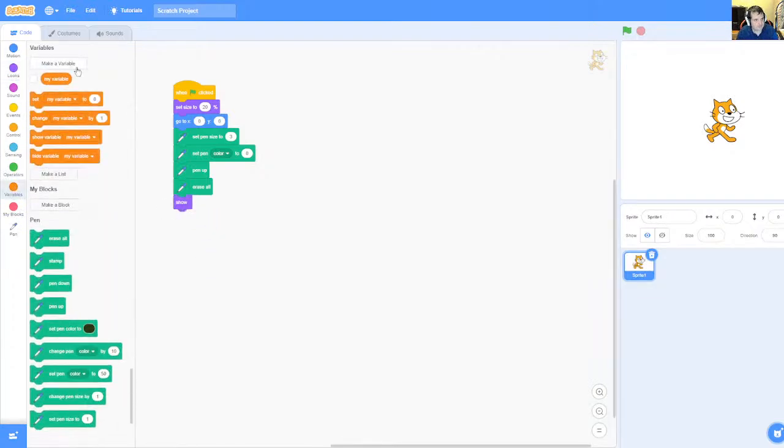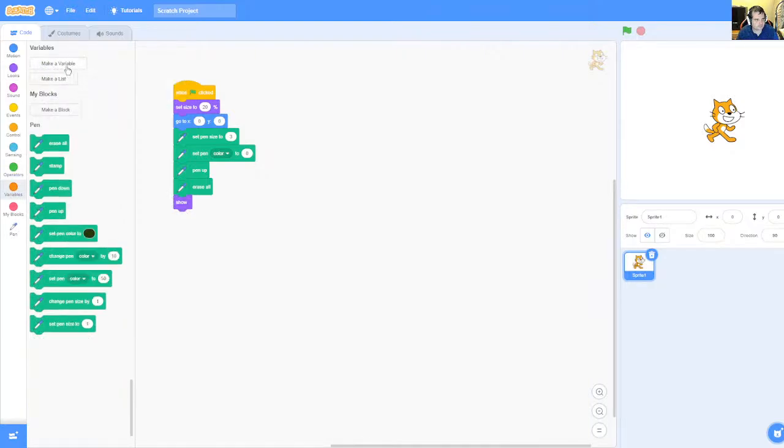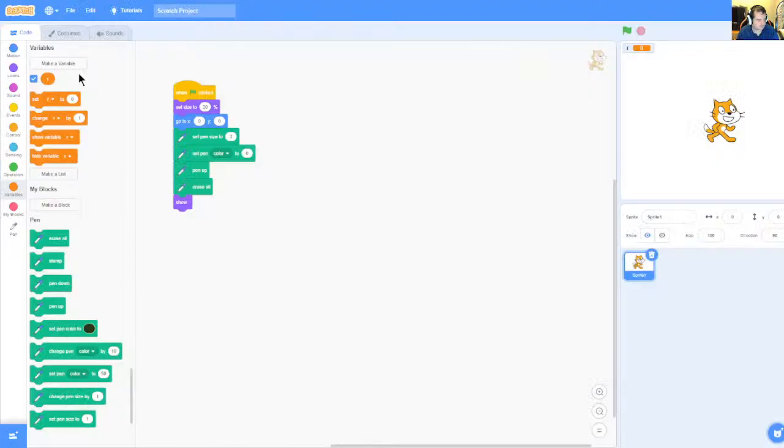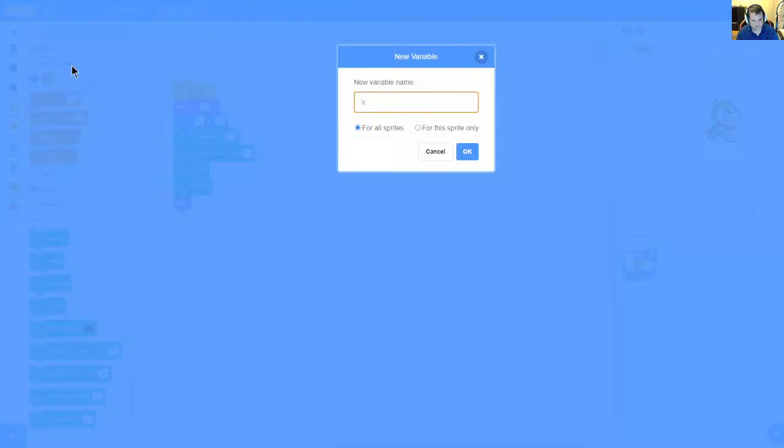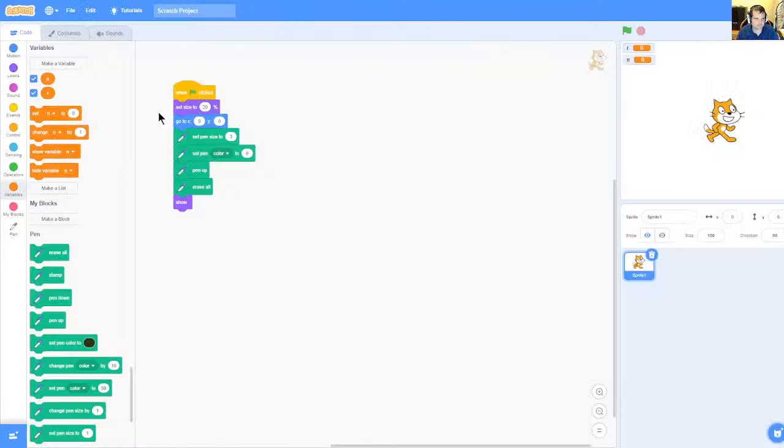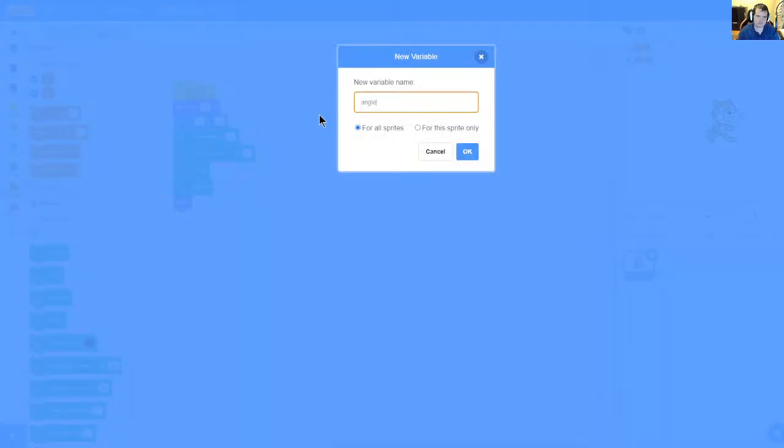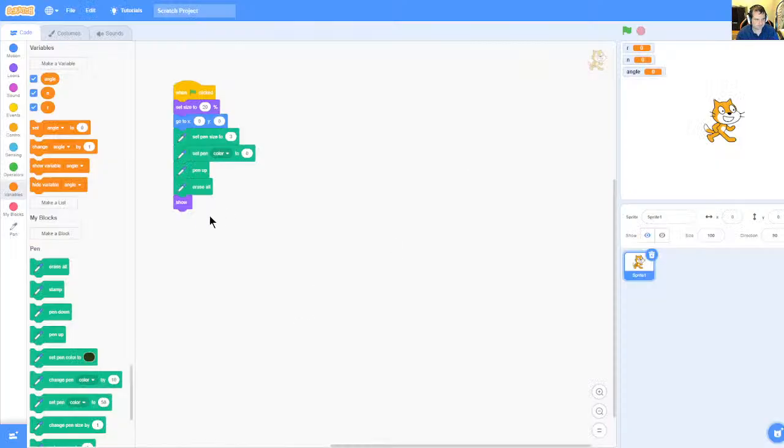and let's make some variables. Let's just delete that. Make a variable called r for radius, n for number of petals, and angle for, well, the angle, right? All right, you need to pause now. I didn't actually set those. Set angle to 0, set n to 0.